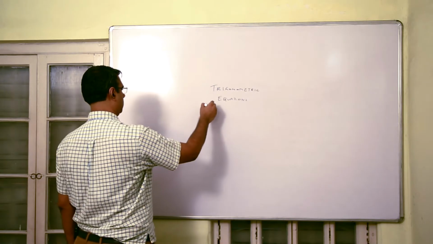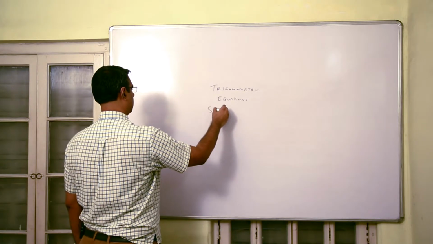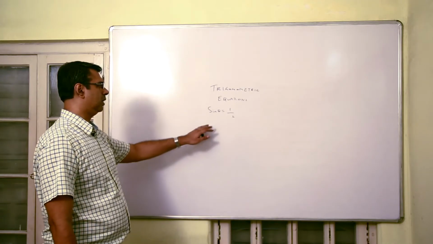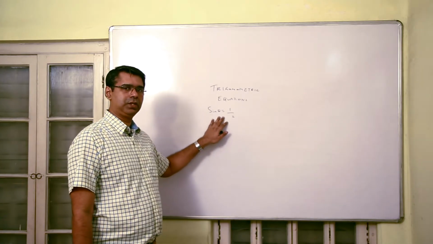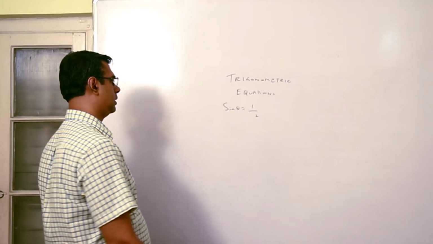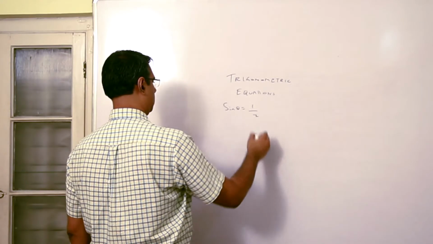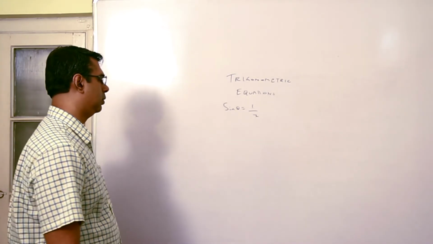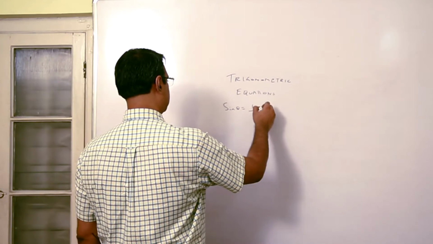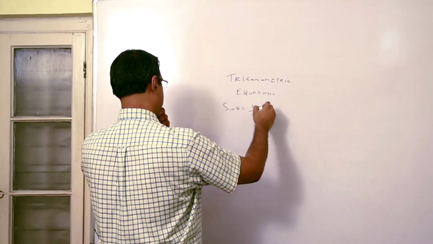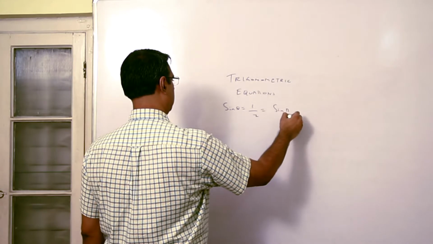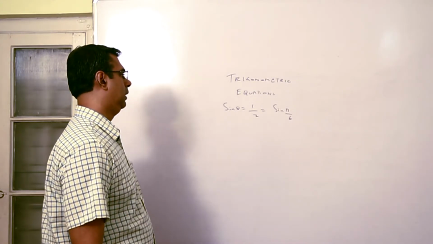Suppose you know that sine theta is half. You are aware that there are many solutions for this, there are infinite solutions. However, the solution which is smallest in magnitude is called the principal solution. So the solution which is smallest in magnitude is pi by 6, right?